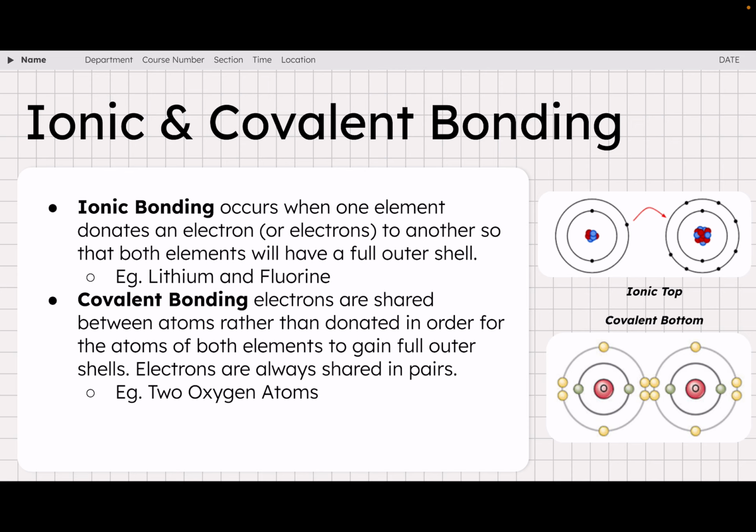And now on the fluoride side, they gain an electron, so it's originally 9 protons and 9 electrons, but now it gained the electron. It's 10 electrons to 9 protons, which makes it an unequal shift, and that makes lithium a positively charged ion and fluoride a negatively charged ion. And like how magnets work, they attract each other.